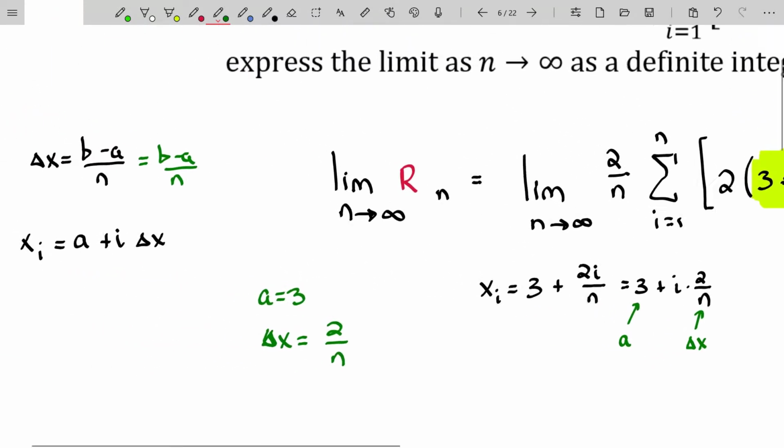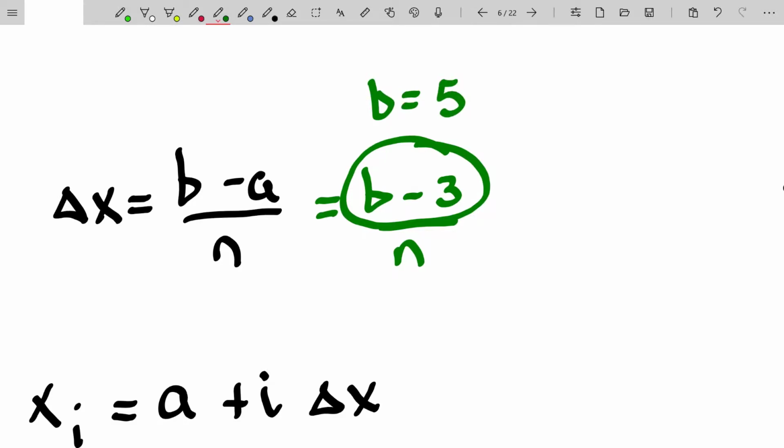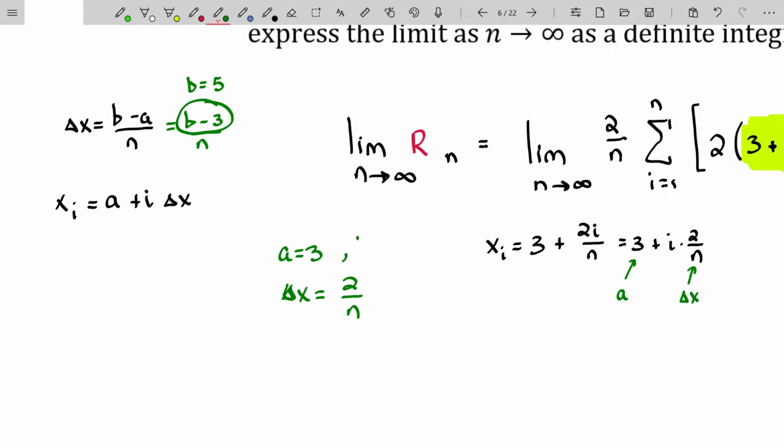So if I know that delta x is 2 over n, and I know that a is 3, well, the only way that I can get this to be a number 2 over n is if b is equal to 5. So this is why I know b is equal to 5. I know where our integral ends. Our definite integral starts at 3, and our definite integral ends at 5.